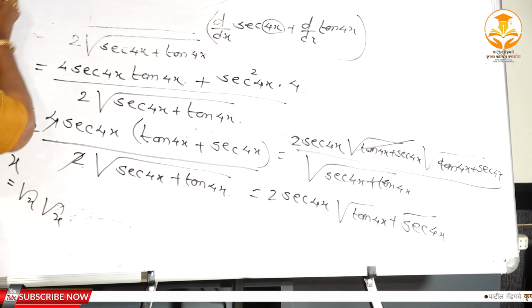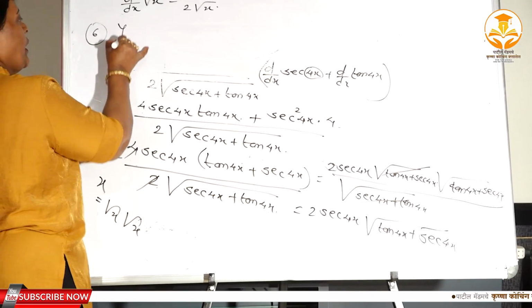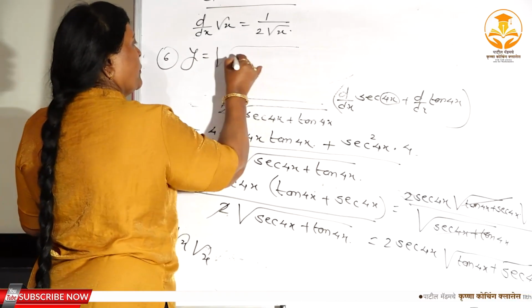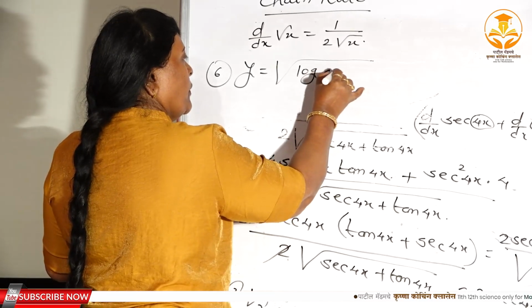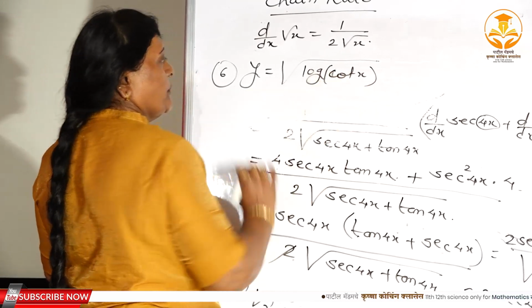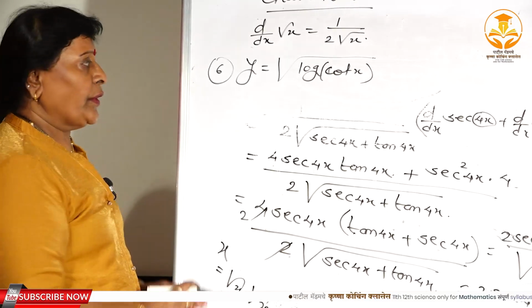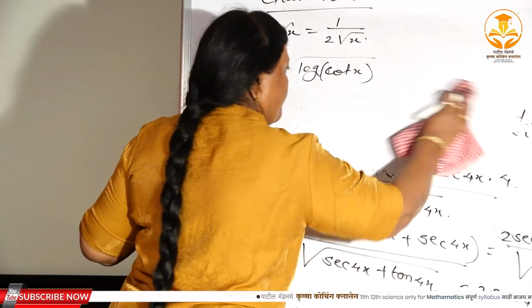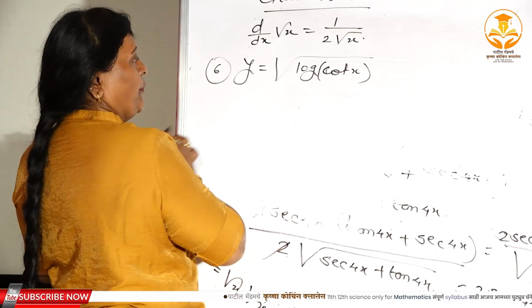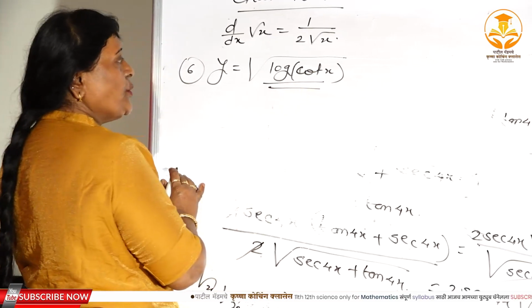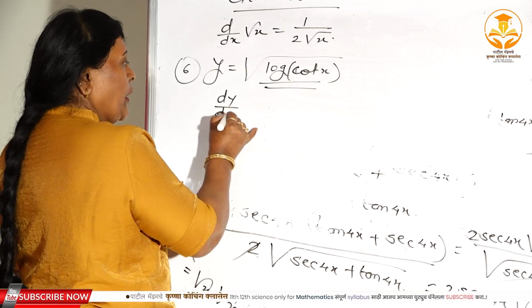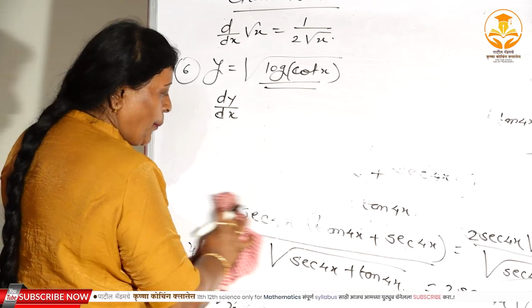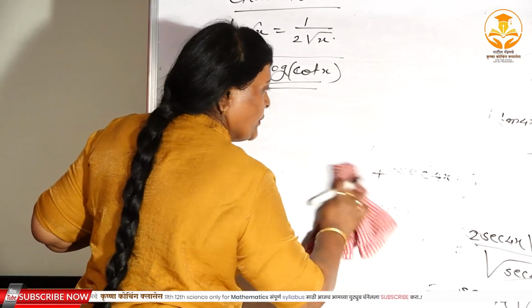Again another one, say the sixth one, y is equal to log of cot x. See here, log of cot x, right? Again, you have to consider this as u. The derivative of root u is 1/2 root u, isn't it?